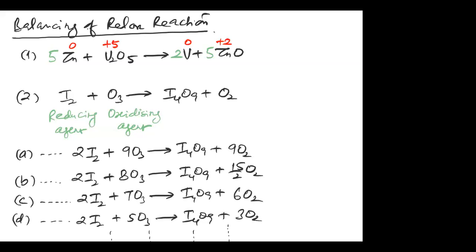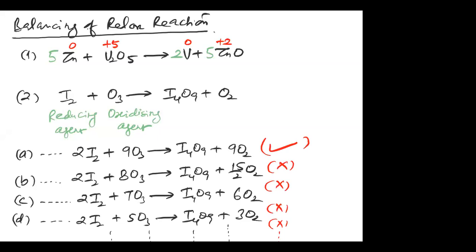So there are many balancings possible. Out of these, only this one is correct and the remaining are wrong. So, students, we have to understand the significance of balancing of redox reactions.